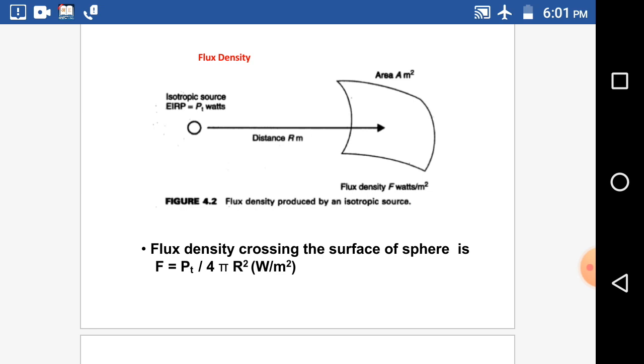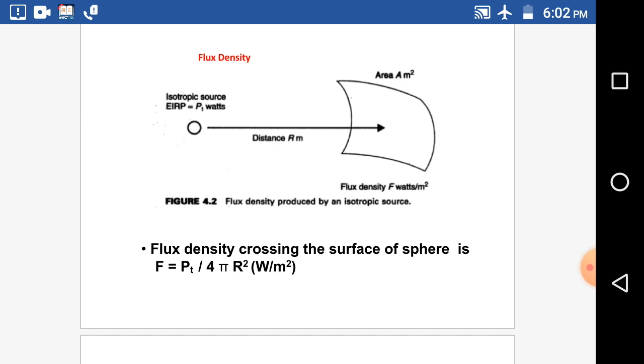If we measure the power density or flux density at a distance r from the isotropic source, that power density is denoted by F, or it is also known as a flux density.